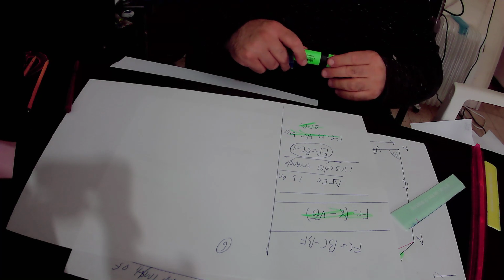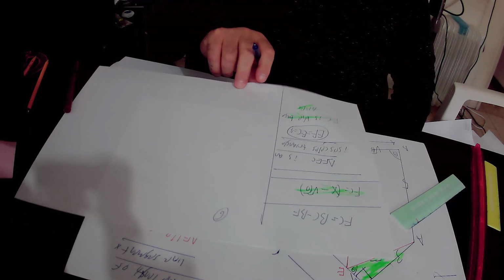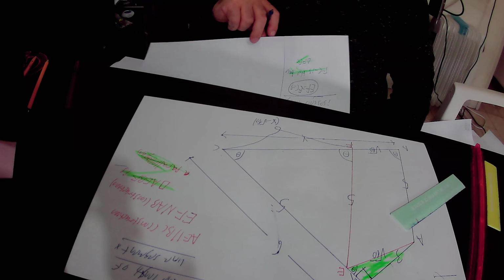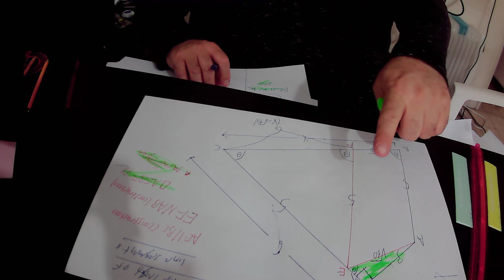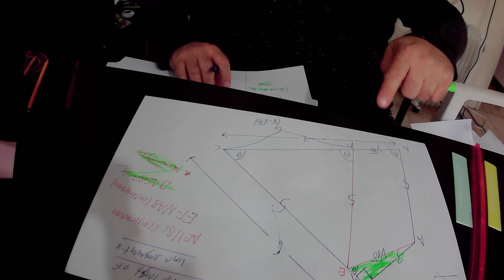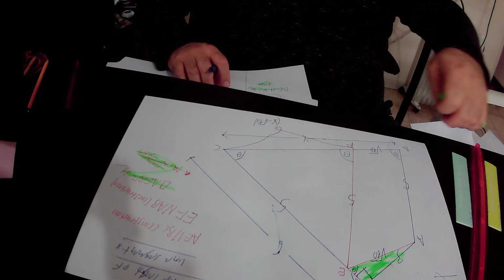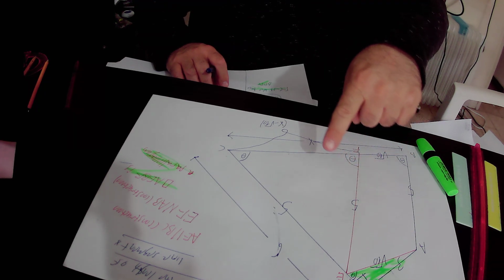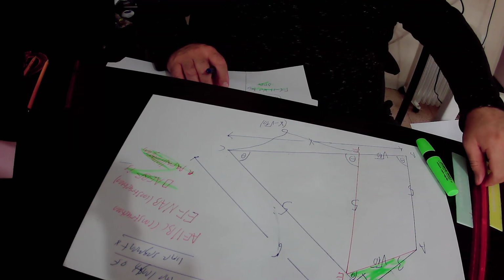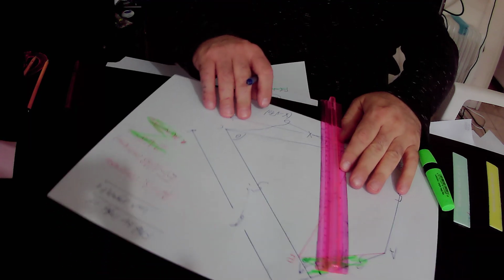Okay, so in the next step, in triangle FEC, from point E we will draw a perpendicular on FC.